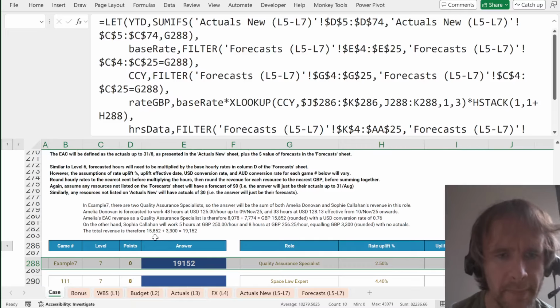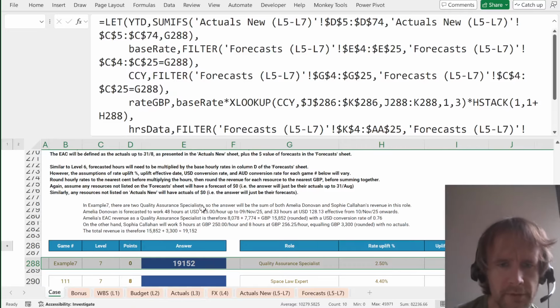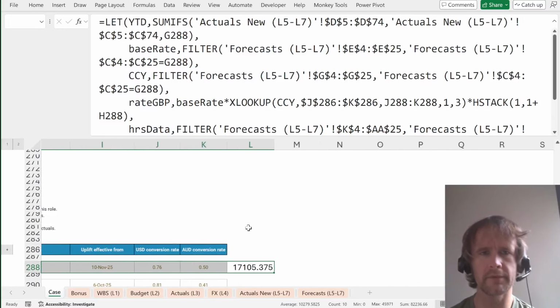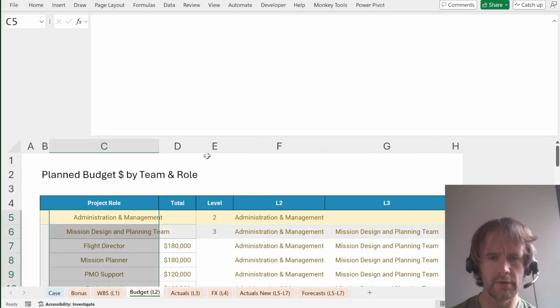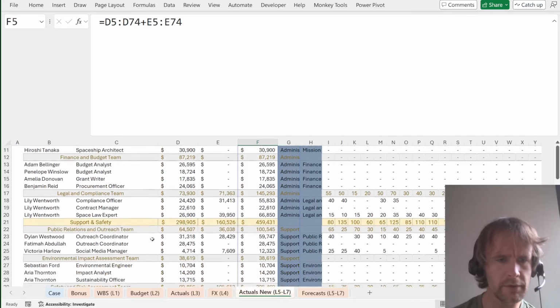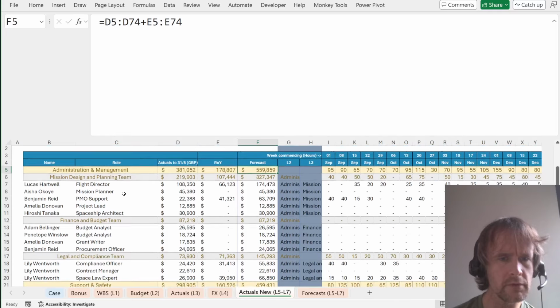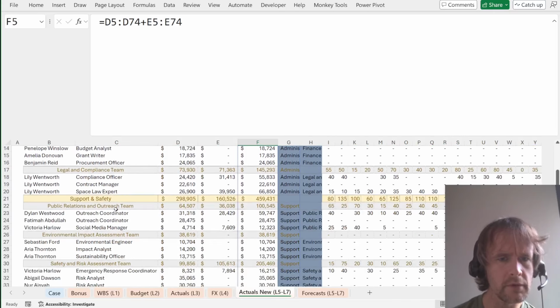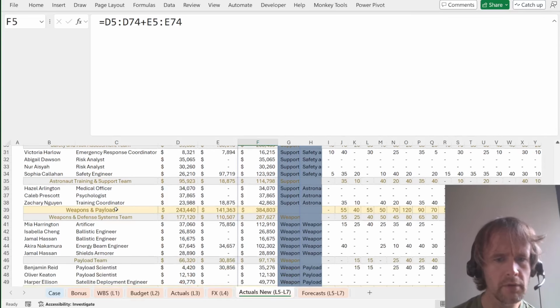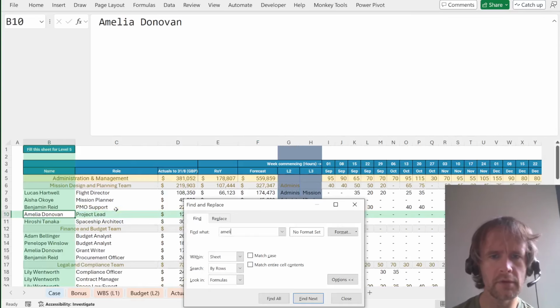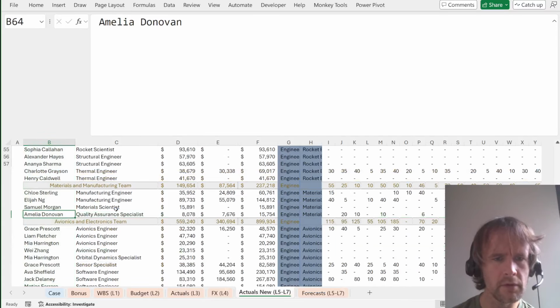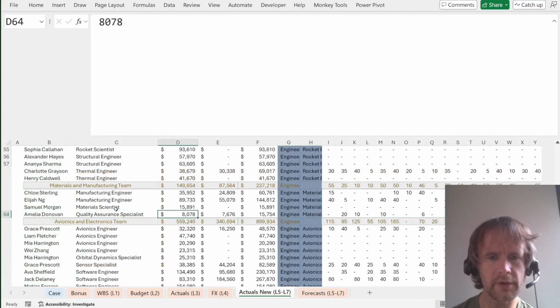Okay, so Amelia Donovan is forecast to work for that, and then that. Yes. Amelia's EAC revenue as a quality assurance specialist is therefore 8,078. Right, so hang on. Amelia, the quality assurance specialist, is down here somewhere. No, not where I thought she was. Amelia. There she is. Okay, so we've got 8078.